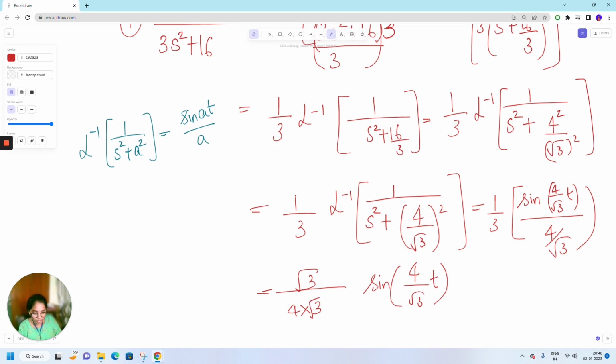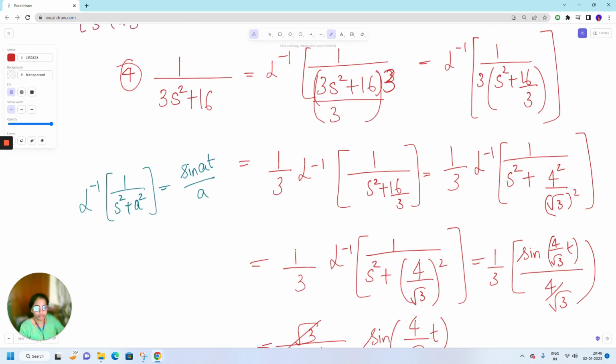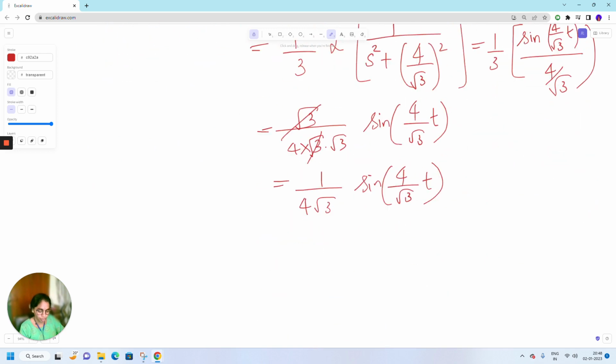I'll write this 3 as root 3 into root 3. Why? Root 3 into root 3 is 3 itself. So this would become 1 divided by 4 root 3 sin 4 by root 3 into t. This is our inverse Laplace transform of the given function.